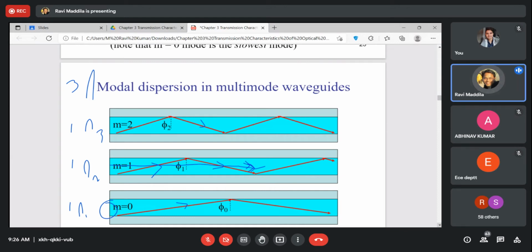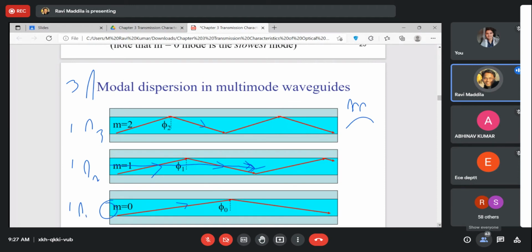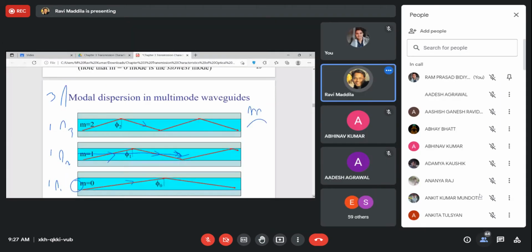Because of the path difference of these three modes, what we can assume is that the three pulses would arrive at different instants of time. When these three pulses are arriving at different instants of time, the overall net result of these three pulses added together would be something like this.